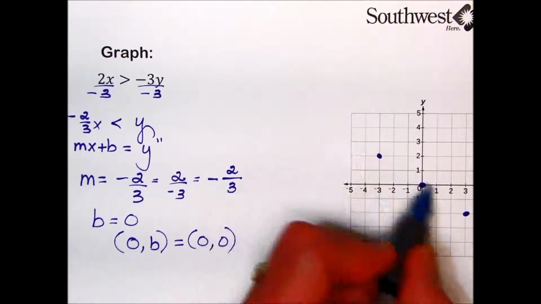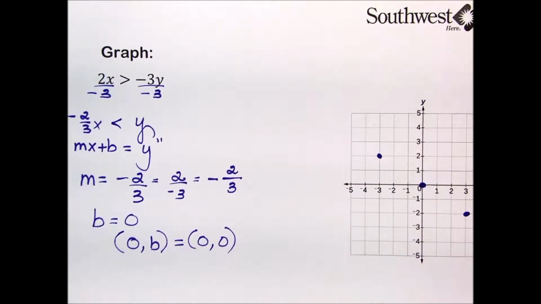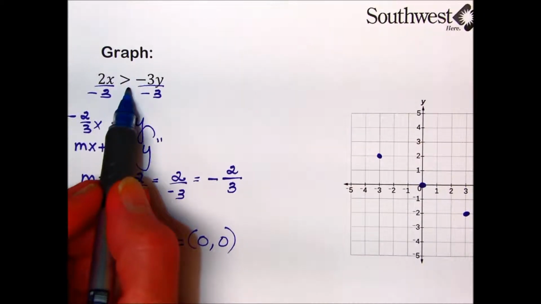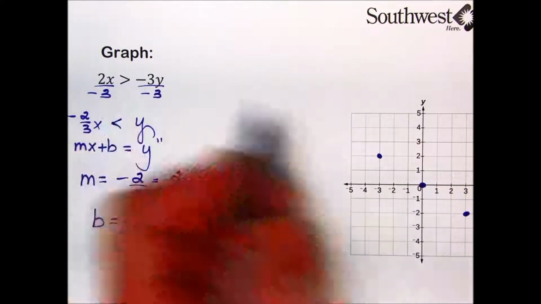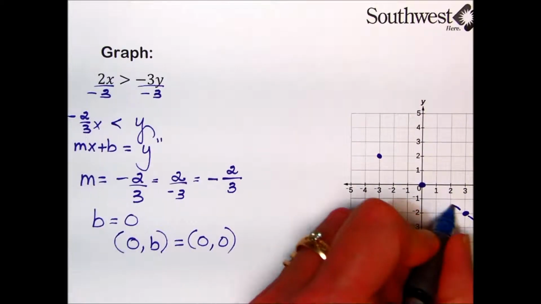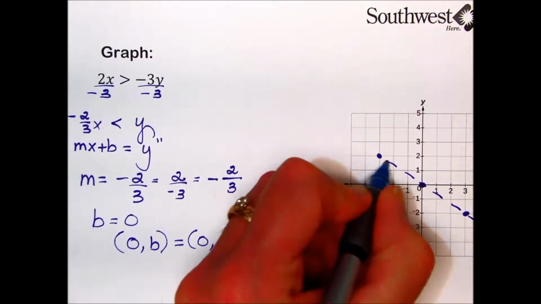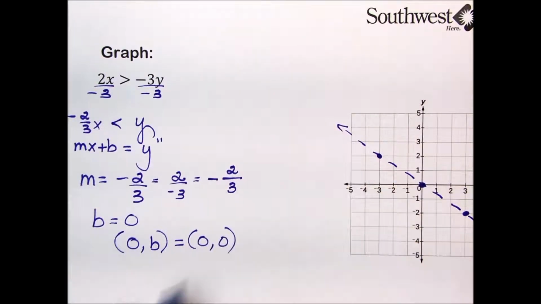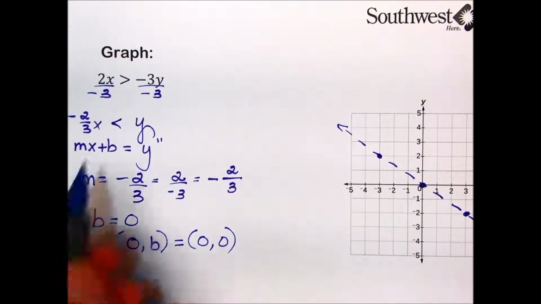And if you notice, those points are all in a line. They're collinear. This linear inequality does not have the equals. It's just a greater than. So when we connect those points, we will do so with a dashed line to show that this set of points contained in this line are the boundary of our half plane, but are not part of the solution.